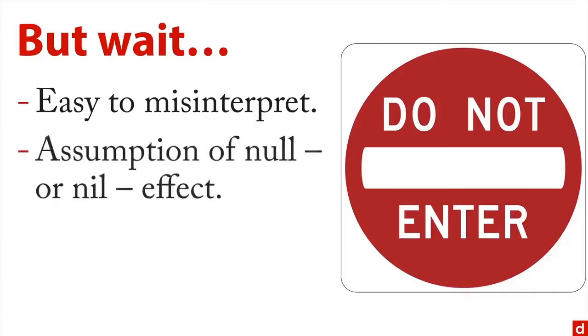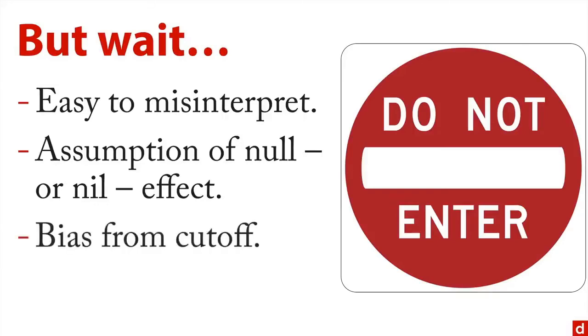Also, a lot of people take exception with the assumption of a null effect, or even a nil effect, that there's 0 difference at all. In certain situations, that could be an absurd claim, so you've got to watch out for that. There's also bias from the use of a cutoff. Anytime you have a cutoff, you're going to have problems where you have cases that would have been just slightly higher or slightly lower, and it would have switched the dichotomous outcome. So that is a problem.